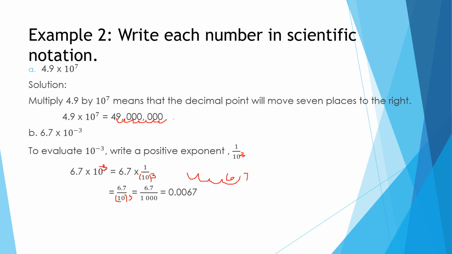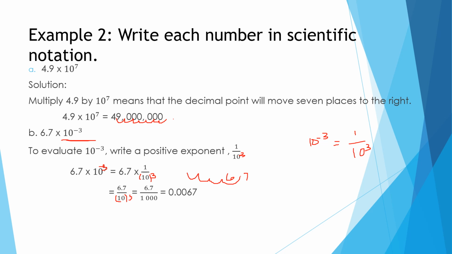No, negative 3. Okay, so kasi ang negative, yung 10 raised to negative 3, if we're going to write that as a positive, that's 1 over 10 cube. Yes, and then what we're given here is 10 raised to negative 3.